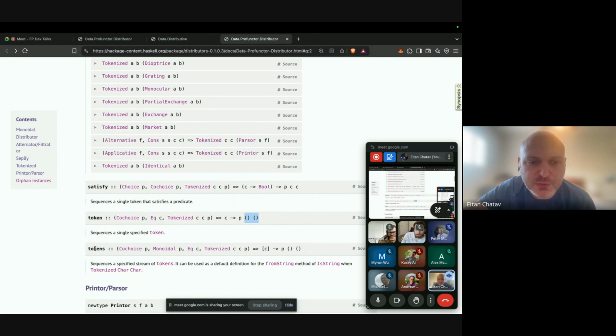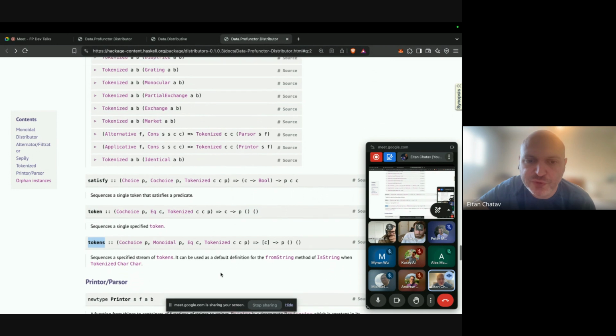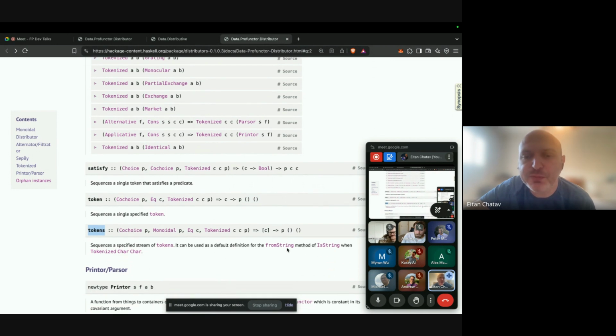And similarly, we can do a stream of tokens if our P is monoidal, because we can sequence them. And this tokens function is useful as a default definition for from string method of isString if our P is tokenized char char. Okay? Does that help with the intuition for tokenize?